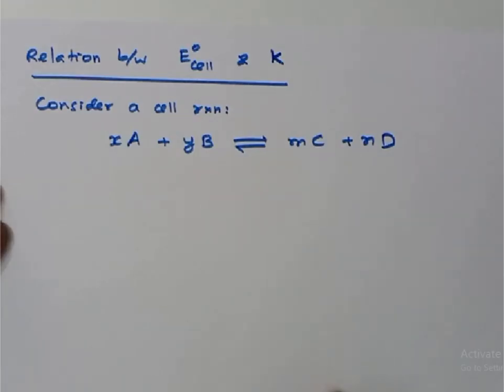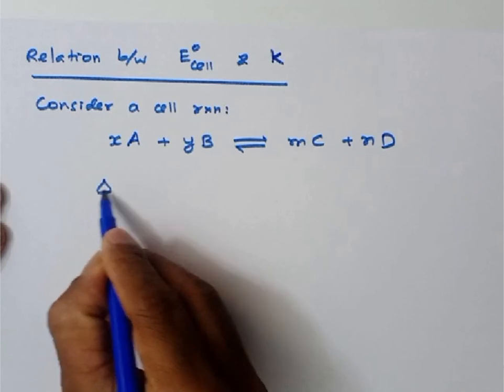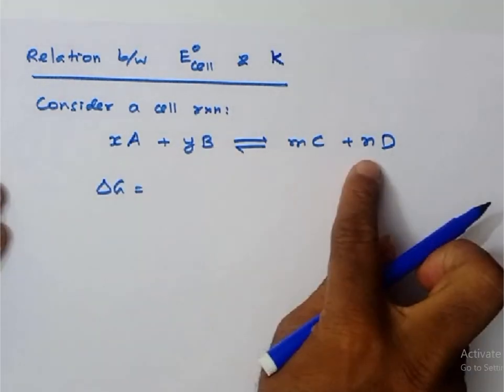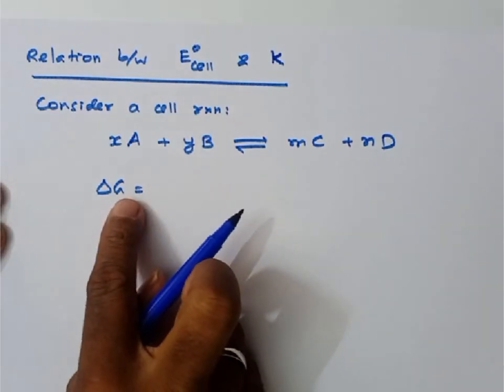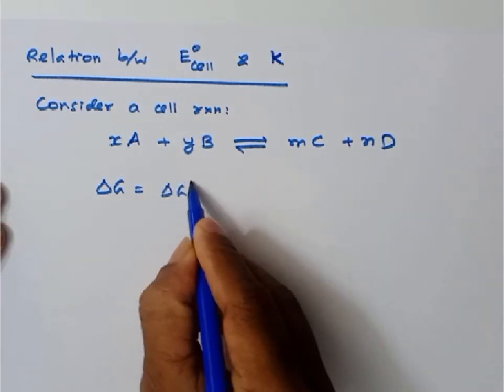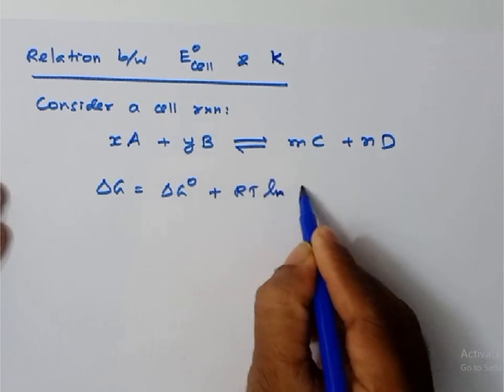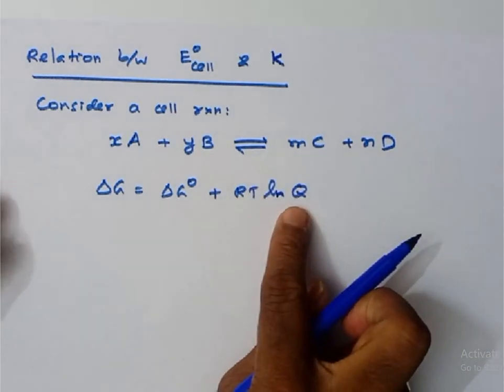Now students, before, while deriving the Nernst equation, we started like this, right? For any chemical reaction, we can write delta G equal to delta G naught plus RT ln Q, where Q is called the reaction quotient.